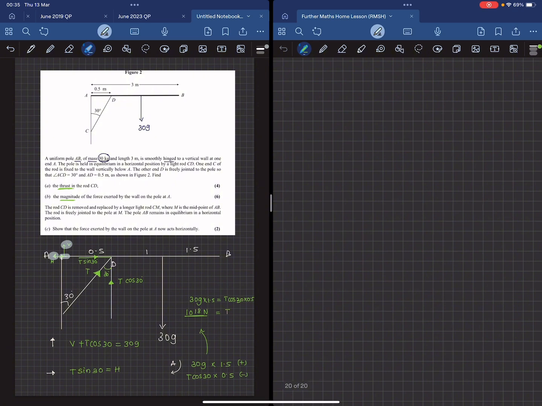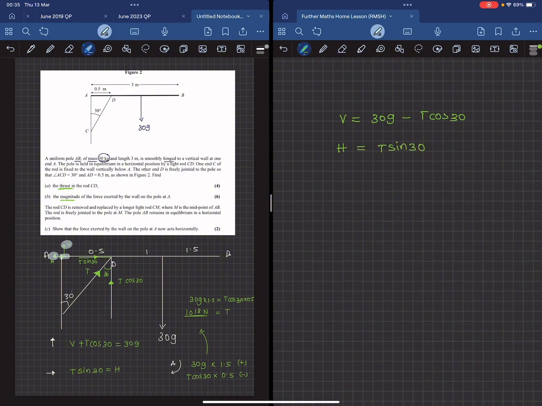V equals 30G minus T cos 30. And then H is equal to T sine 30.